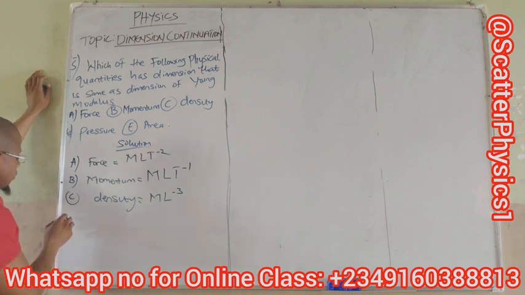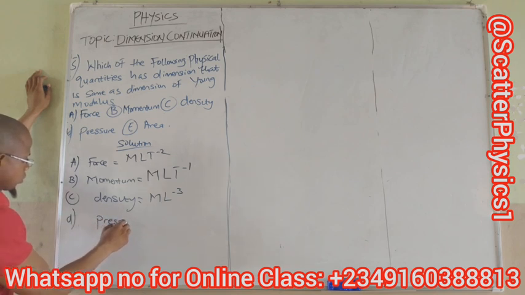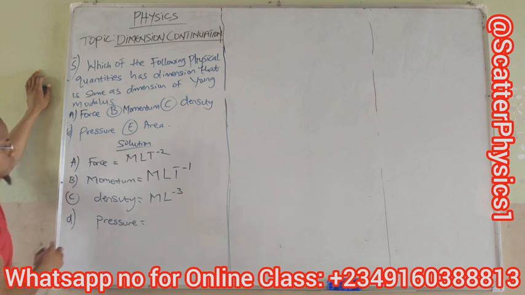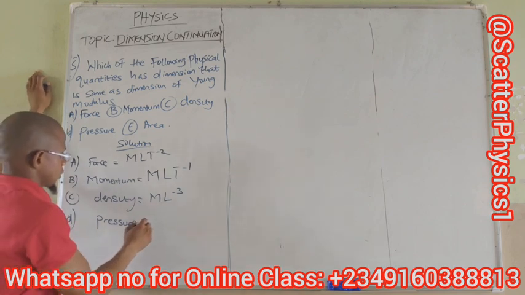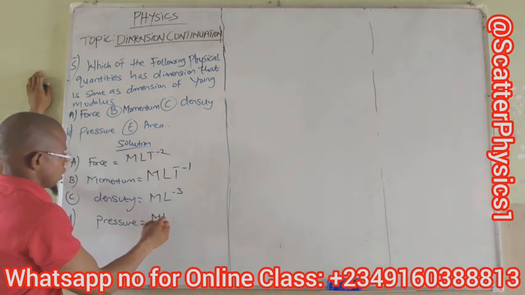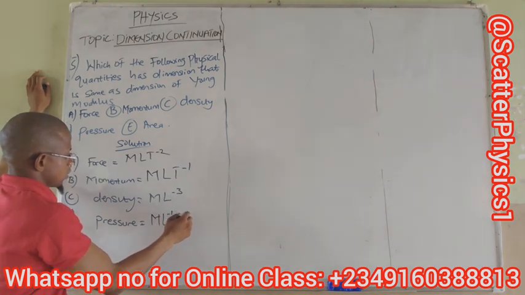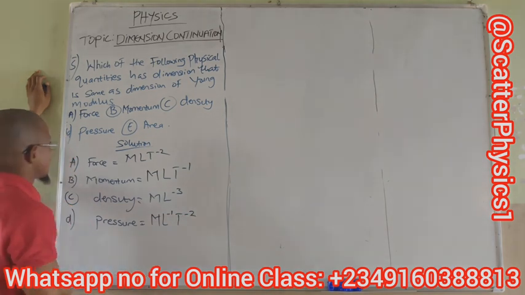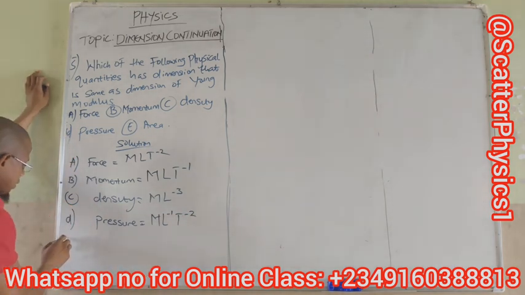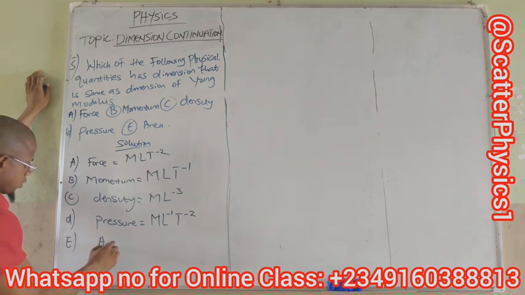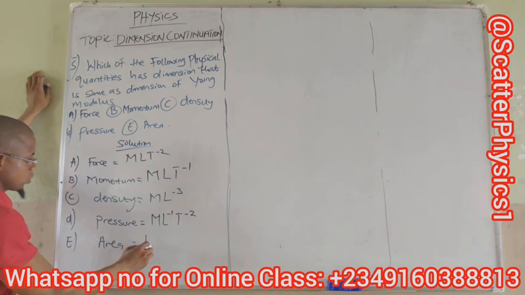D, pressure, equals M L raised to the power minus 1 T minus 2. Then E, area, is equal to L raised to the power 2.